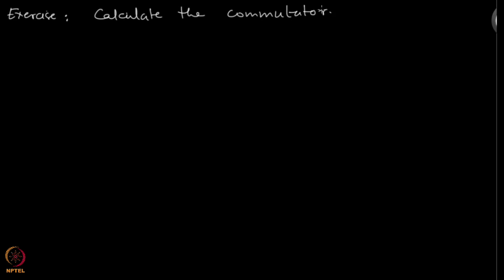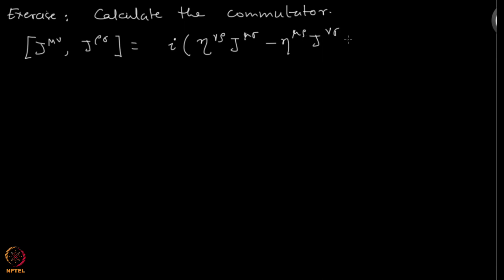Take J mu nu and J rho sigma and find their commutator, and you will be able to show that this is equal to i times eta nu rho J mu sigma, then eta mu rho J nu sigma, eta nu sigma J mu rho, and then eta mu sigma J nu rho.